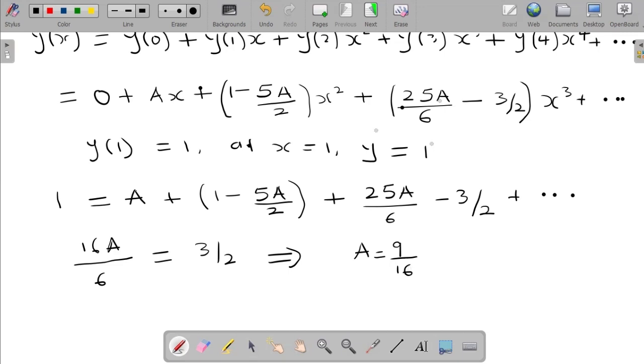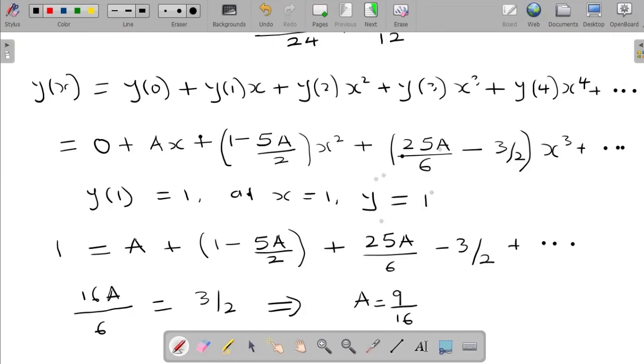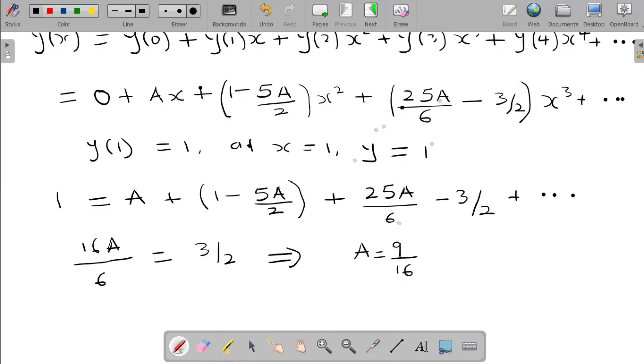So we will now go back to our equation in terms of a, the one we obtained in terms of a, and substitute.